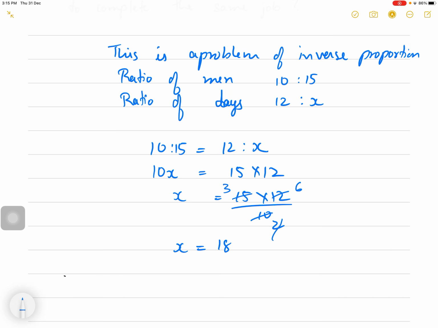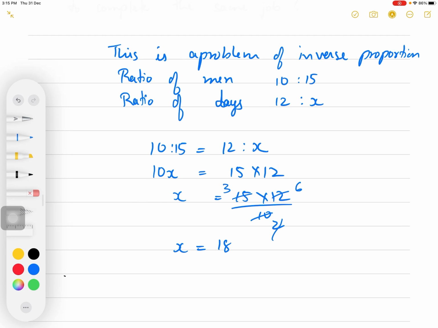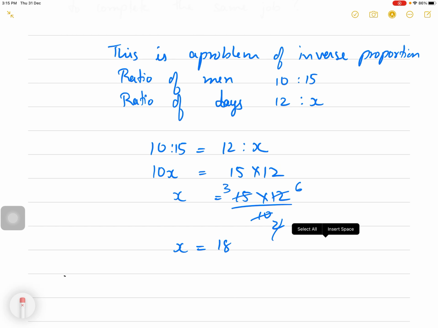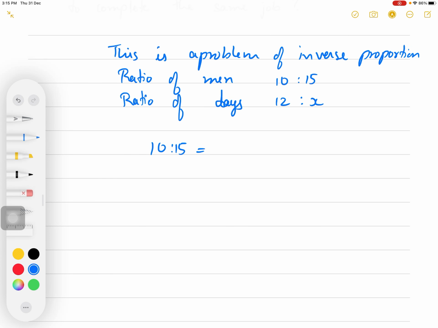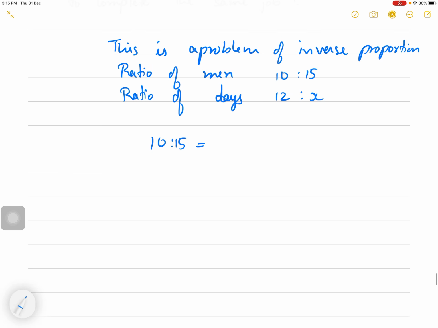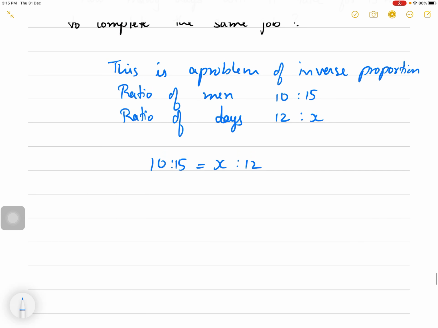Oops, sorry, my mistake. This is not correct. This is inverse proportion. So instead of writing 12 is to x, I should write x is to 12. So 10 is to 15 is equal to x is to 12, because this is a question of inverse proportion.